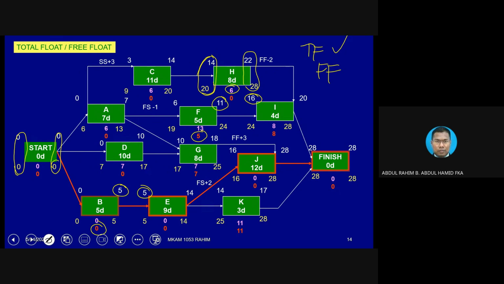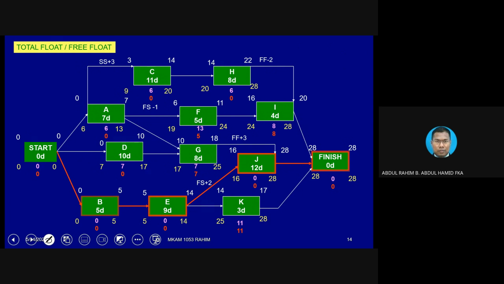Okay, you can do that. But the issue is: how do we calculate free float using the simple formula that I gave you if the situation is between H and I? This is the issue. Okay, I go back to the concept first.